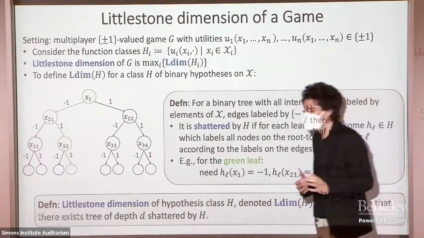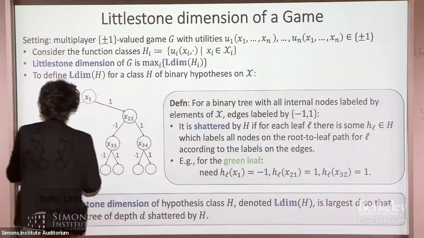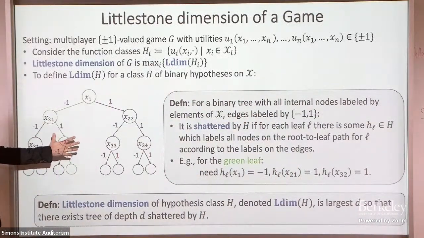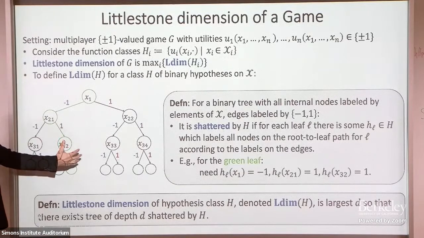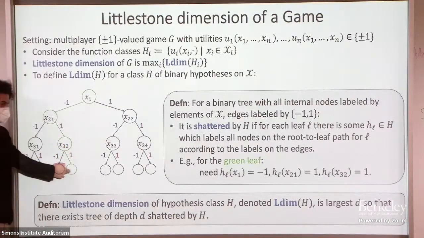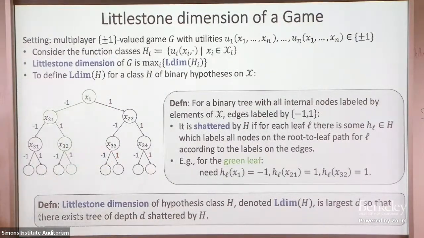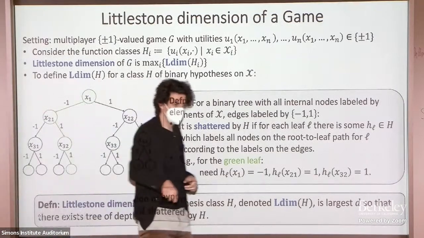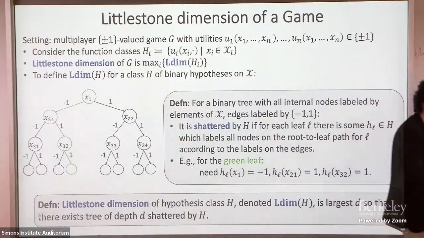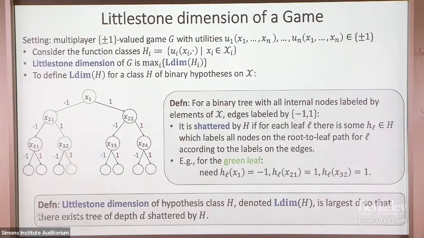So what I want is the biggest, the deepest complete binary tree, such that I can get to every leaf if I pick the right hypothesis in my class and go down by querying this hypothesis. Okay, that's a definition. It takes a while to parse, but it is important for online learning.